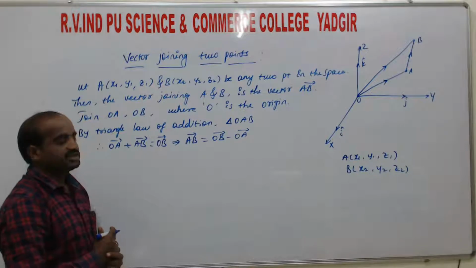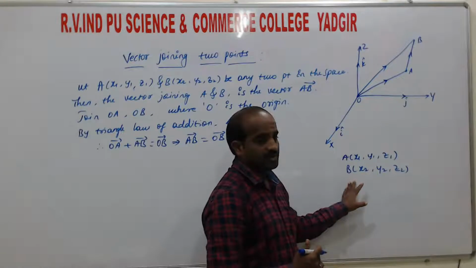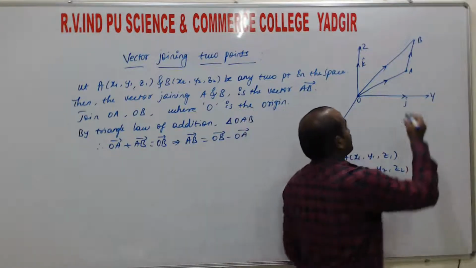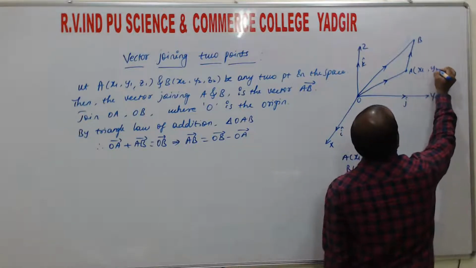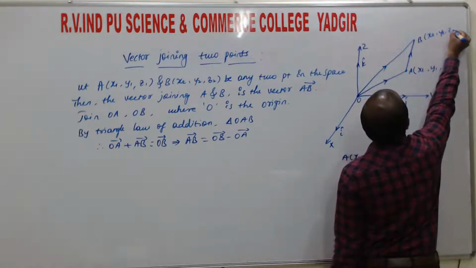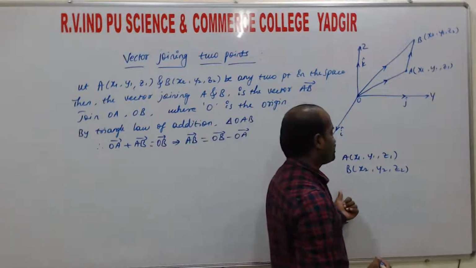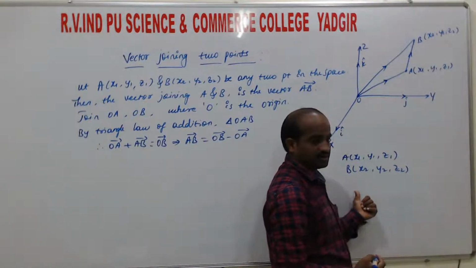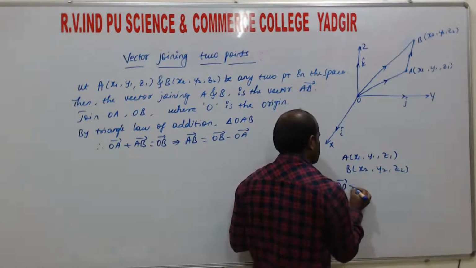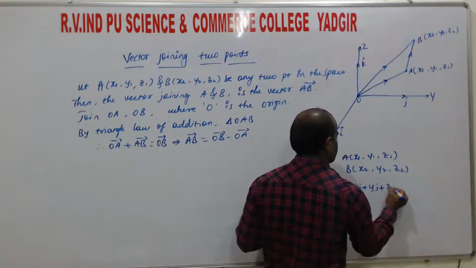Now, the position vector of a point in components form: OP vector is equal to what? A point is x1, y1, z1, and B point is x2, y2, z2. In components form, the position vector of P with origin O is given by OP vector equals xi plus yj plus zk.